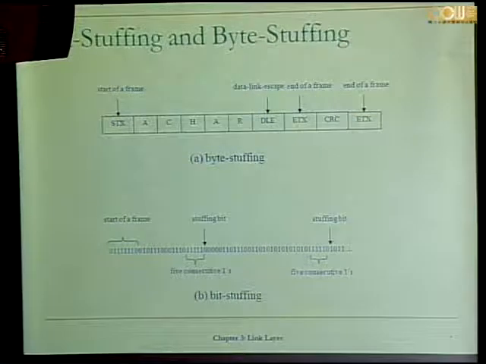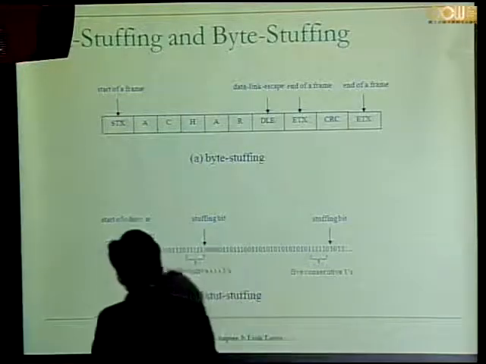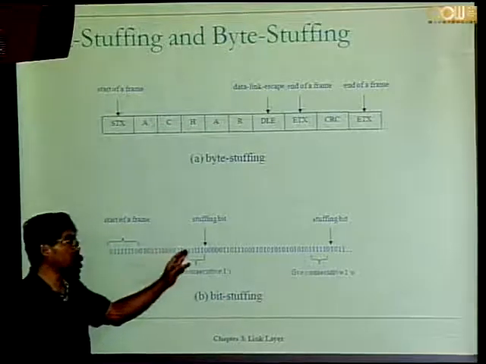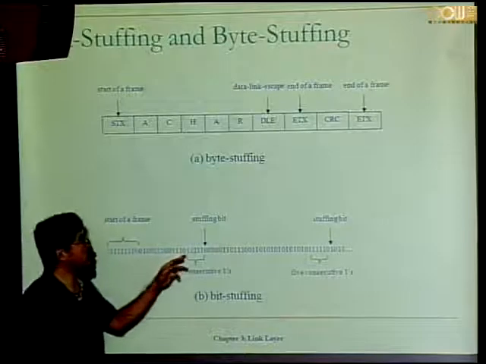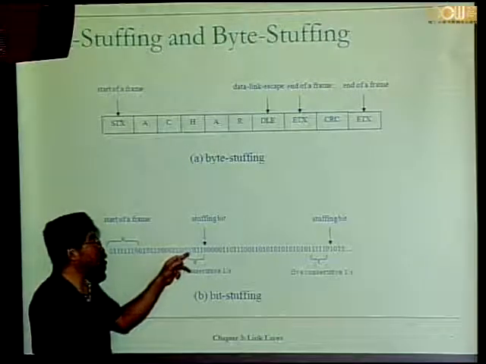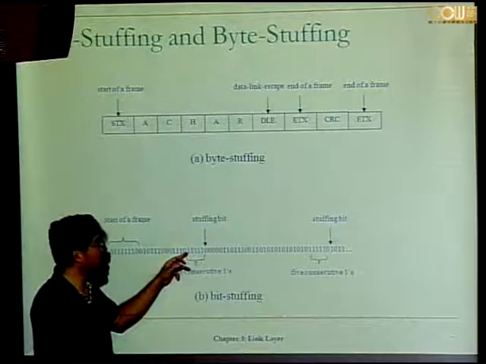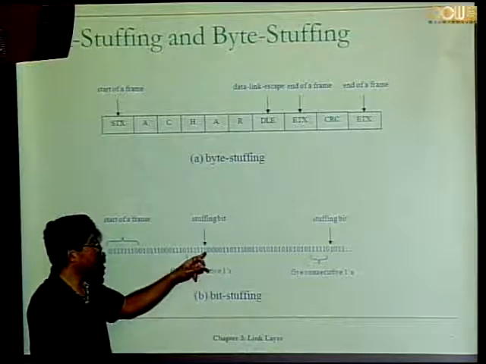As a transmitter, at the start of the frame, you transmit this pattern, and then you start to transmit the data bit stream. If you see 5 consecutive ones, then you stuff a 0 here. A 0 here.